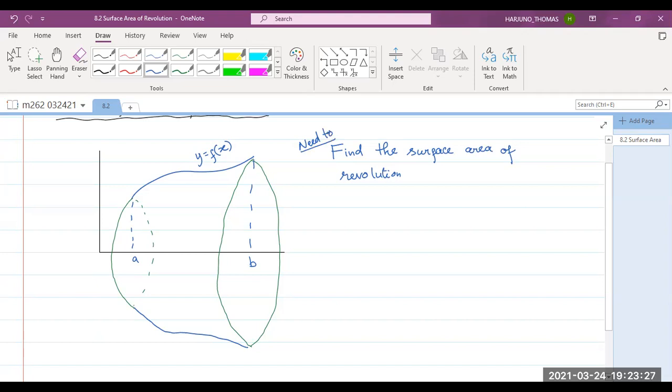The way we approach that is by first taking a strip from that curve. Let me get this one here, and I will zoom this out to be like this.